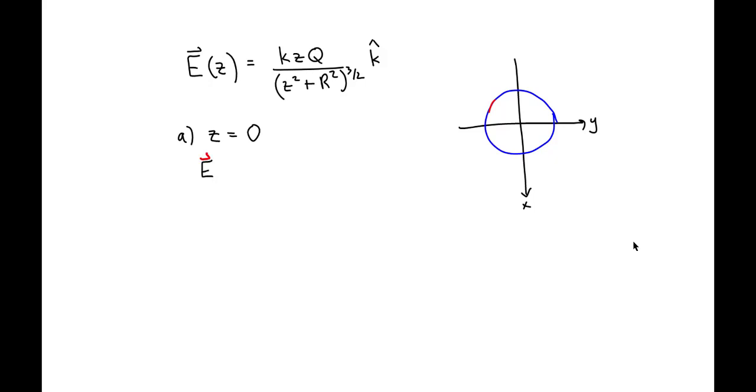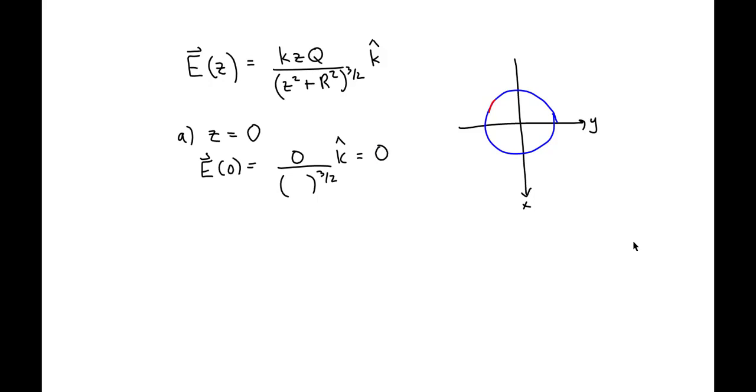The value of the electric field when Z is equal to 0 is equal to, well, 0's in the numerator. Doesn't matter what's in the denominator as long as it's not 0 too. So the electric field at the origin is 0. Now that makes sense graphically.